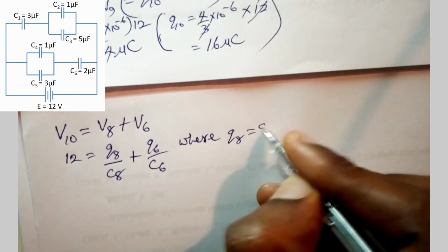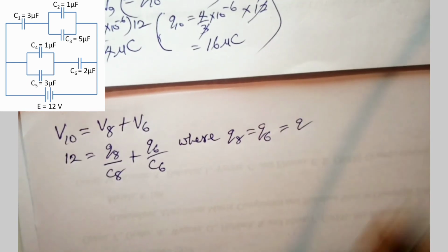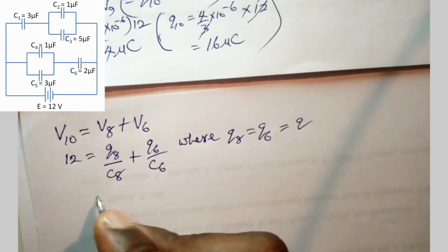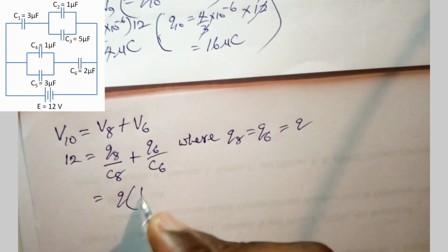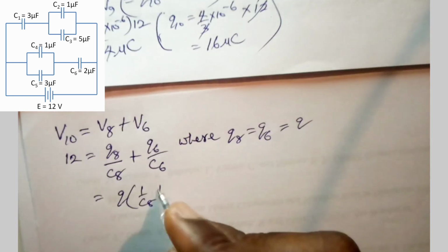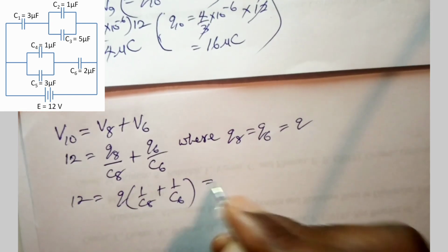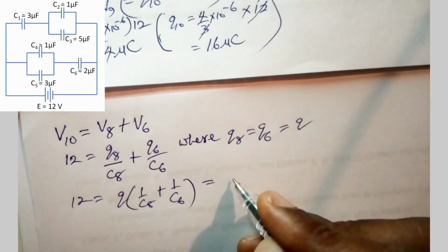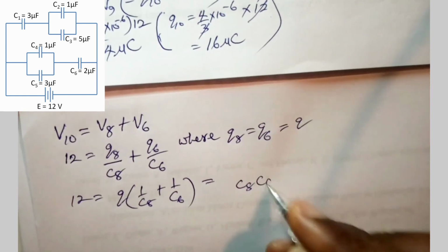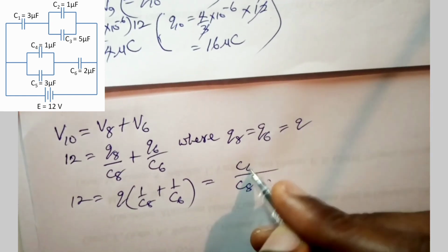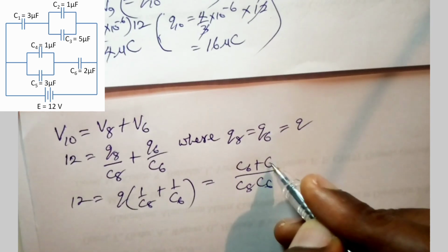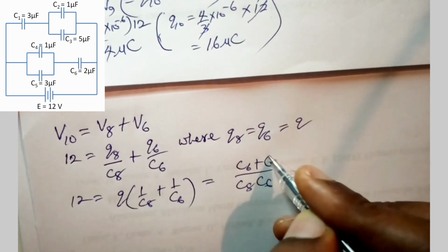So we now have Q8 equal to Q6, and let's say it's equal to Q. So we have Q into 1 over C8 plus 1 over C6 is equal to 12. If you do the LCM, you have C8 C6 over C6 plus C8. That's what you have.